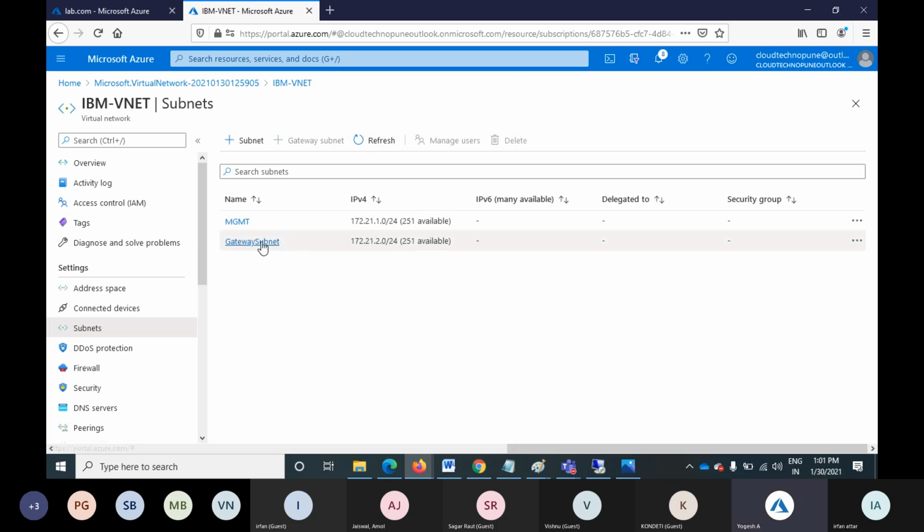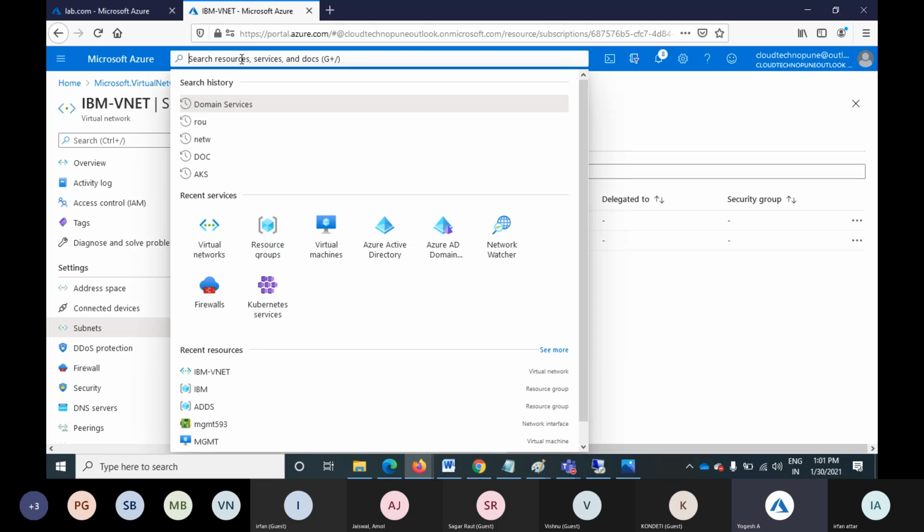Now this is my gateway subnet. If you do not have a gateway subnet, then during the gateway deployment Microsoft will give a warning that no gateway subnet is created. So let's first create a gateway subnet and then deploy the gateway.